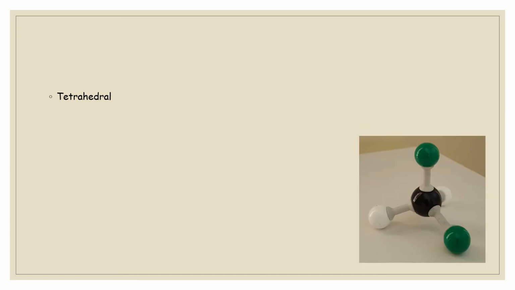Now I've chosen to show you this example because it's a little bit confusing if you just draw it on paper. This one drawn on two-dimensional paper could be drawn looking almost non-polar, but it isn't, because when you draw it three-dimensionally, what happens is that you have a chlorine and a hydrogen. So looking at the electronegativities, this one pulls in, this one pulls in, this one pulls out, this one pulls out.